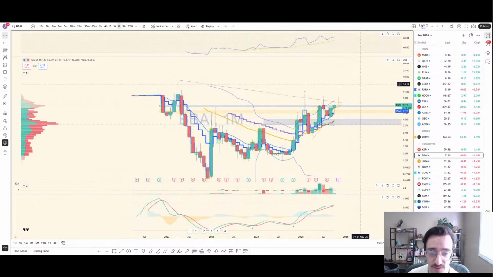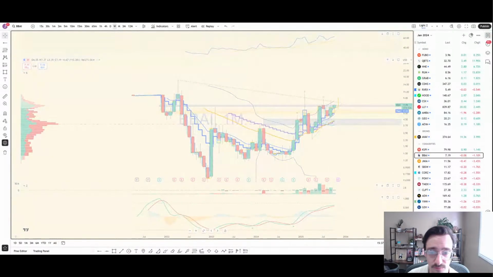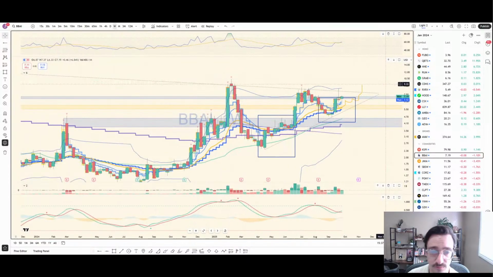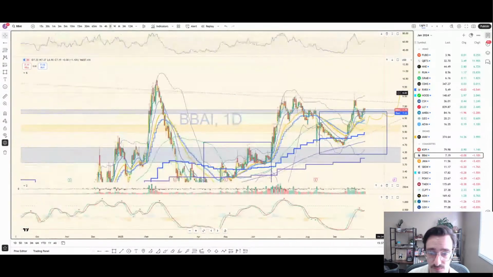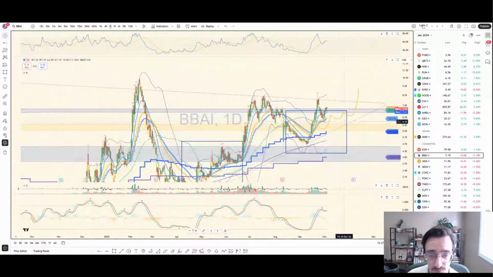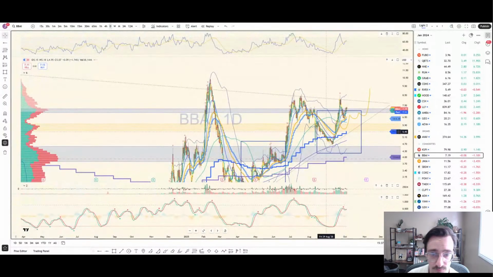BBAI setting up. That one's getting tight. Nice pennant. Continues to flesh out. So the big break is when it breaks through this 850.